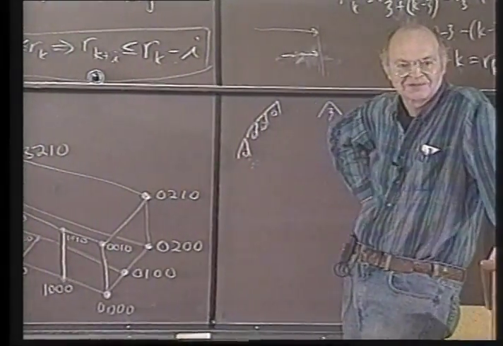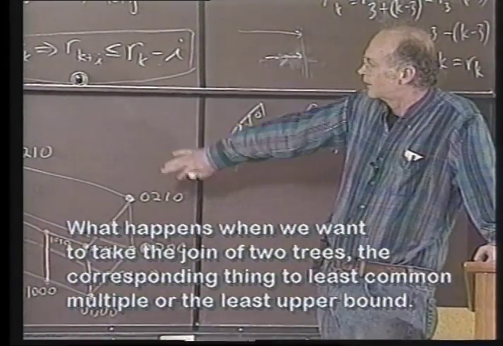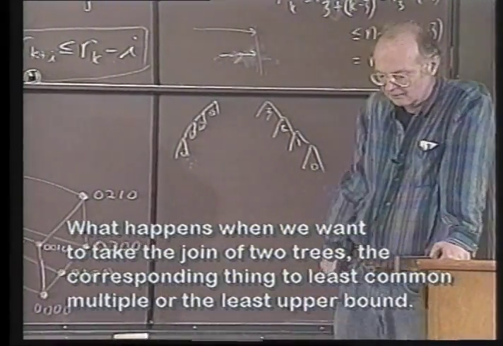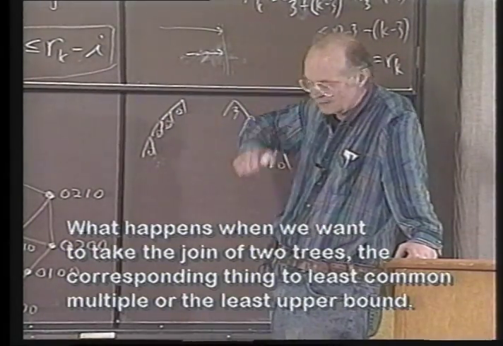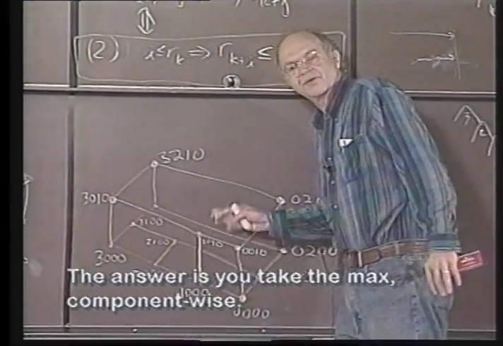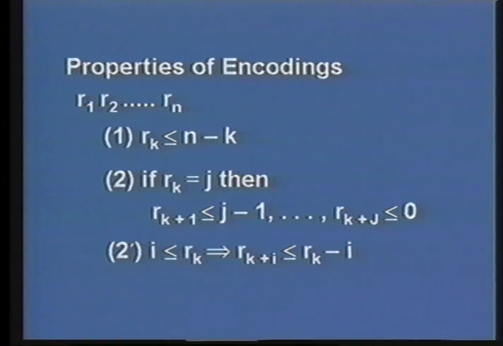So in this lattice, what happens when we want to take the join of two trees, the corresponding thing to least common multiple or the least upper bound? The answer is, you take the max component-wise, but then you have to go up, because that doesn't necessarily satisfy conditions 1 and 2.